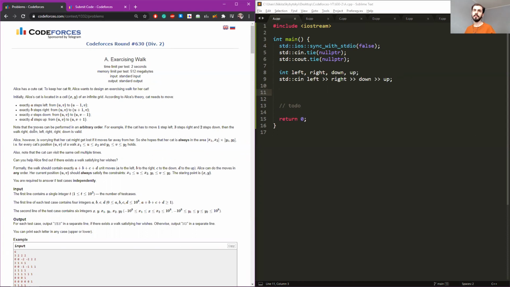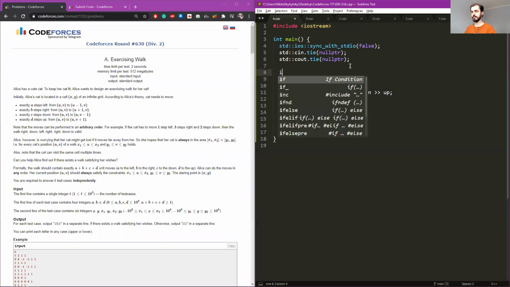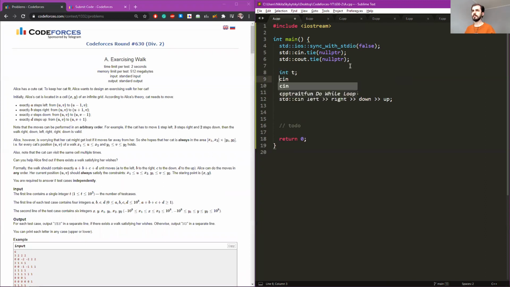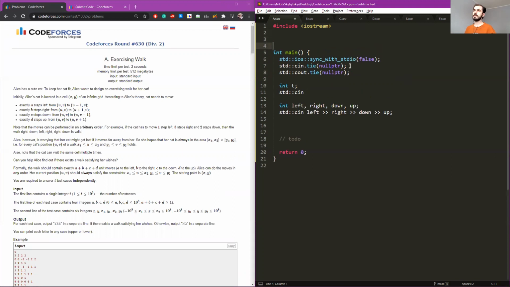Okay, so the moves can be performed in arbitrary order. The cat is always in the area x1, x2, y1, y2. Yeah, it's not realistic, let's face it.